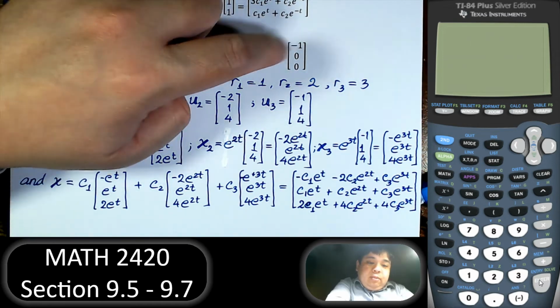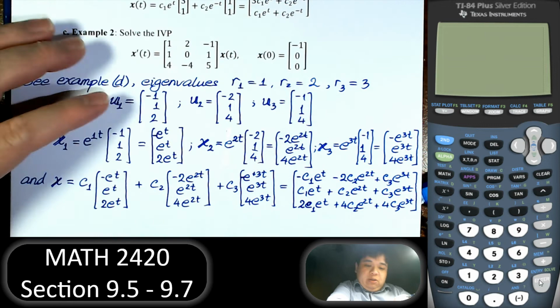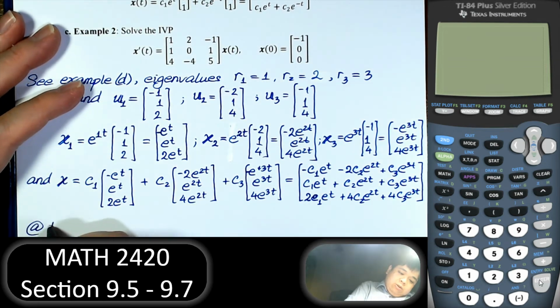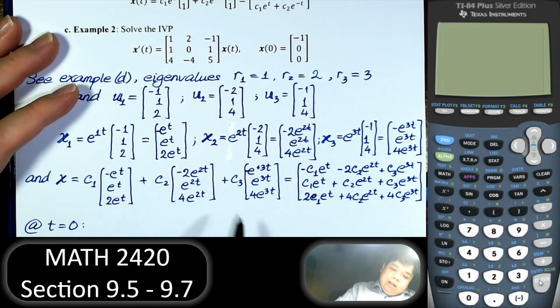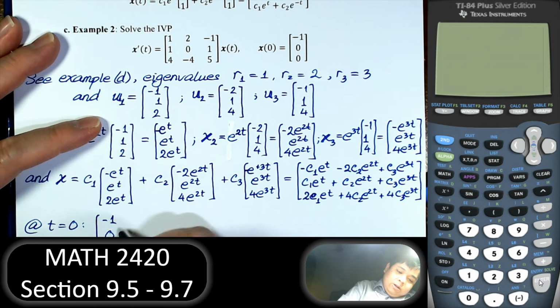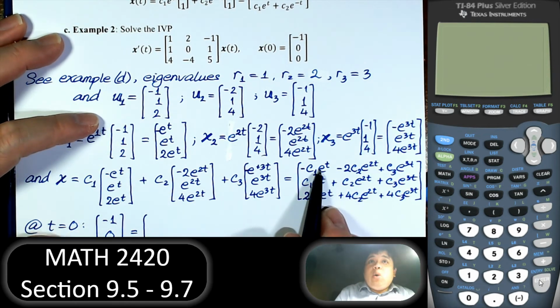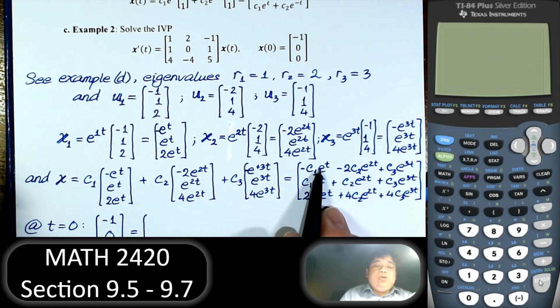Next, when t equals 0, this matrix equals negative 1, 0, and 0. So at t equal to 0, we have negative 1, 0, 0 equal to. Now, when t equals 0, we have e to the 0 power, which is 1.